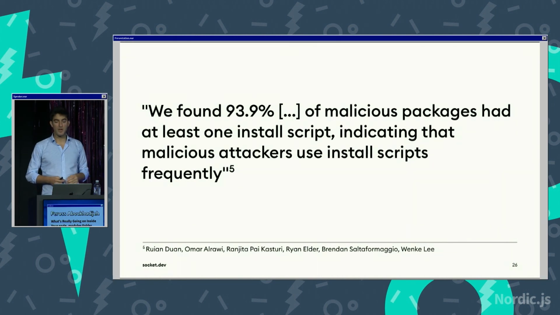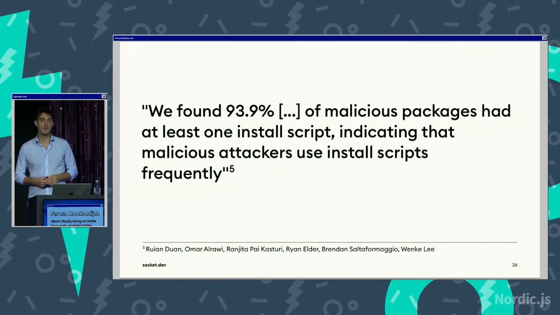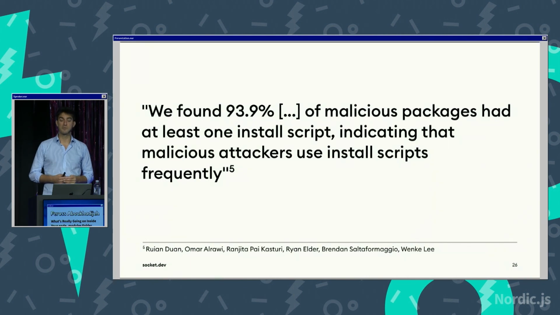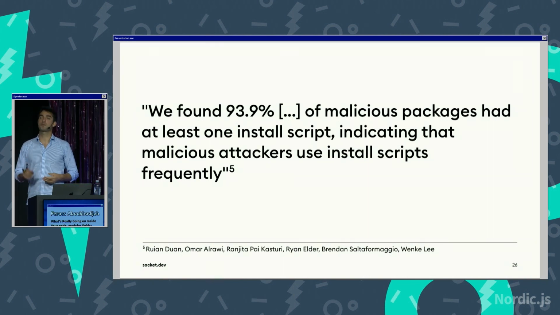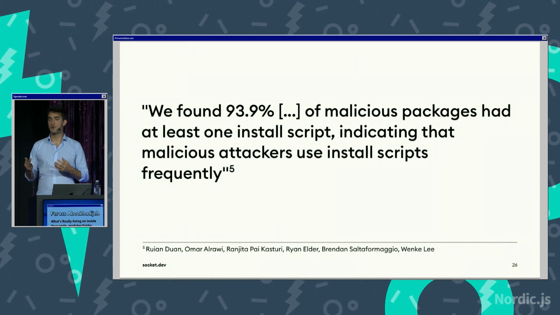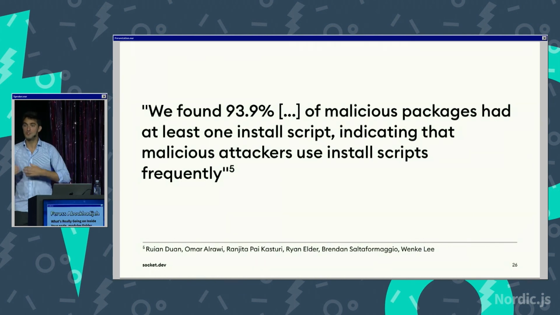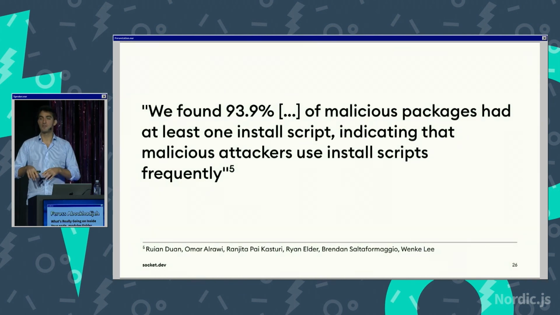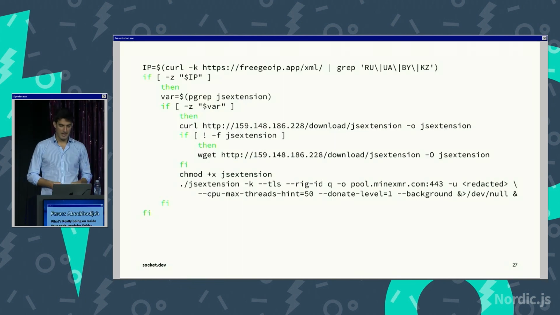This quote is from a 2022 paper at a security conference where they found almost 94% of malicious packages used this install script feature, because it allows your attack code to run as soon as the developer types npm install package name and then enter, right? So it gives them that immediate ability to deliver their malware. So it's not surprising that they like to use that.